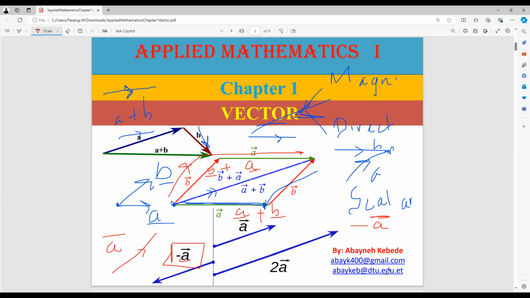Actually, as we already talked, vectors have both magnitude and direction. So here, if vector A is like this, the minus vector A means the magnitude is the same, but what will happen to the direction? Earlier it was positive, but now it's negative.